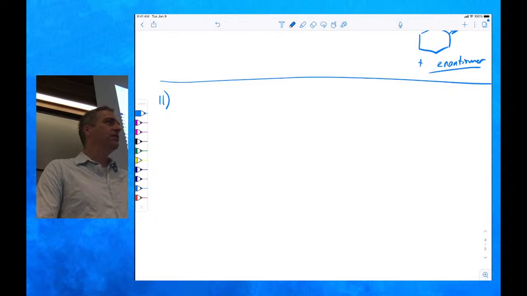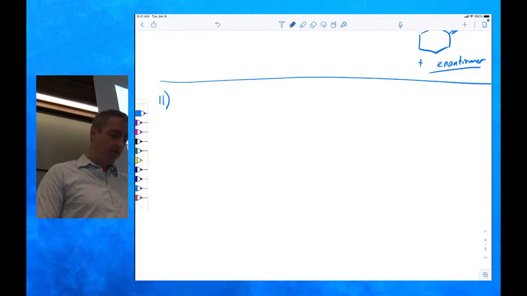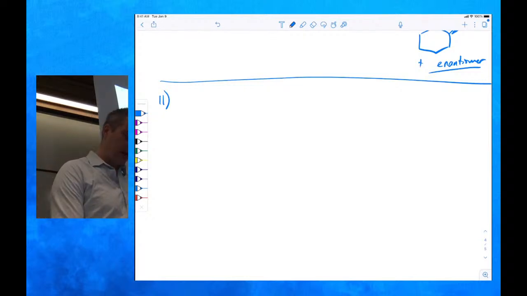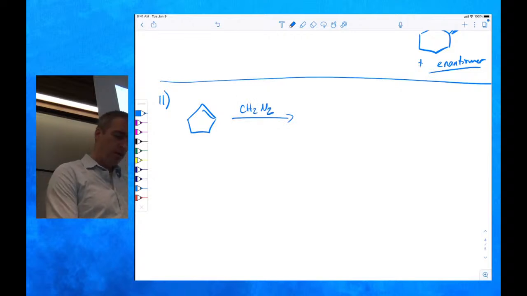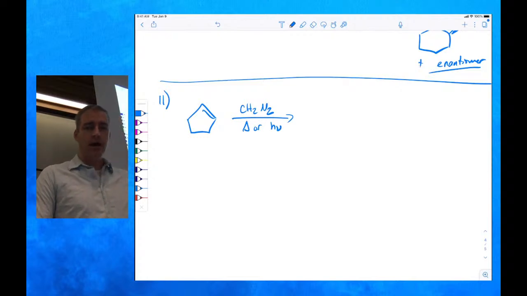Okay, what's next? We did a bunch of reactions. We did synthesis of cyclopropanes, or carbene addition, was the next one. So there were 2 different sets of conditions for this. If you have pentene, and the other one was CH2N2 with either heat or light. H nu is light. If you have one of these conditions, what happens here, this is diazomethane.